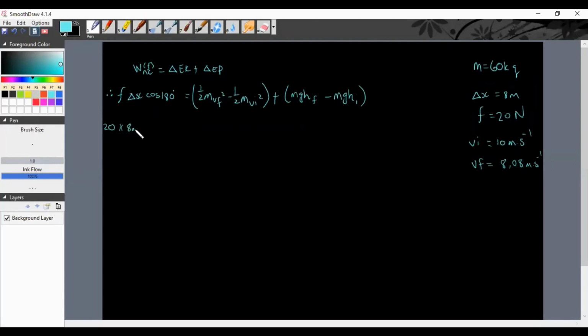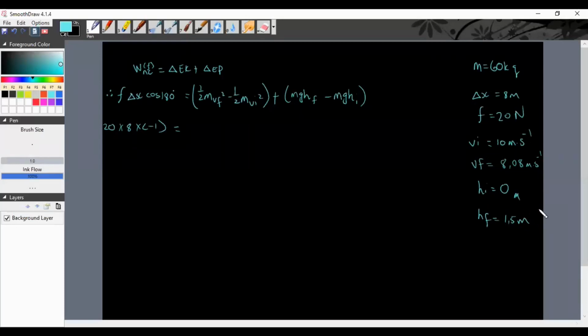Times 8 times cos 180, which I can just substitute as times -1, because that's what it is. HI, the initial height, was 0 because she started at the bottom of the slope, and then she got to a height of 1.5 meters at the top of the slope.